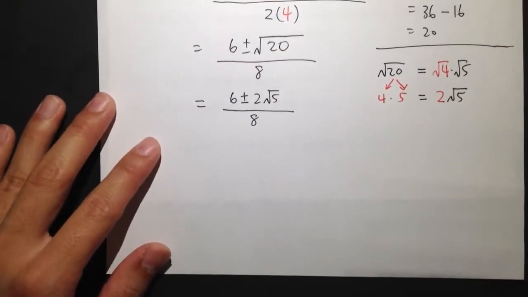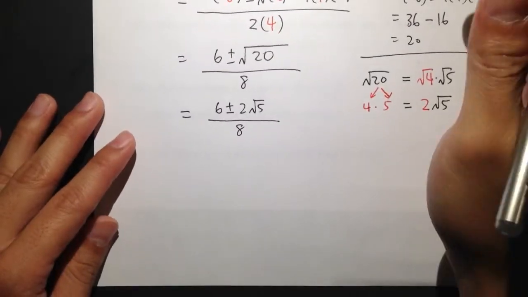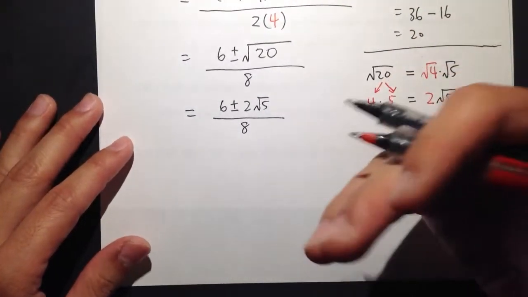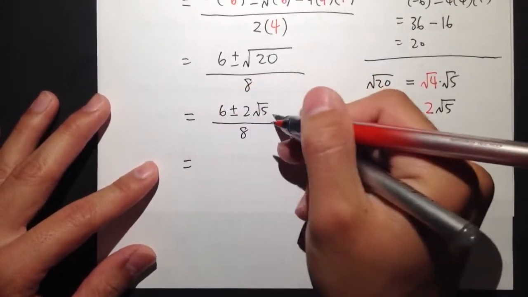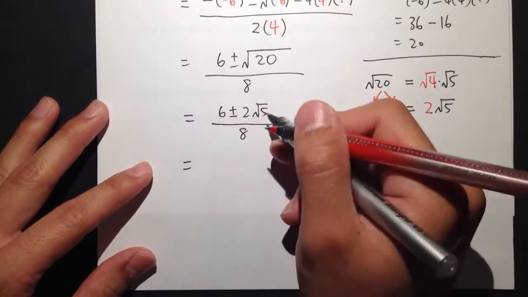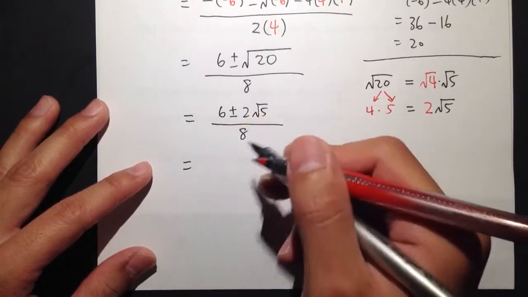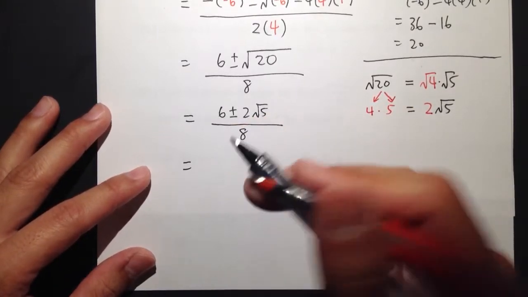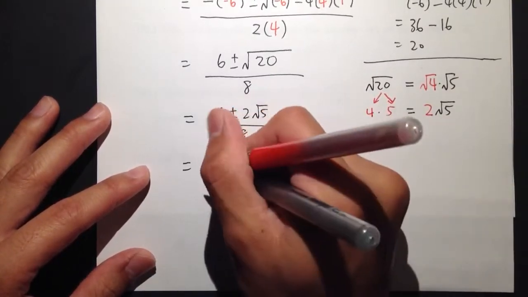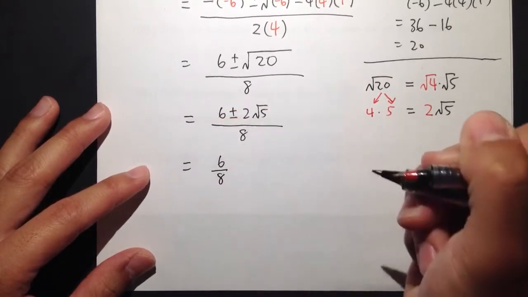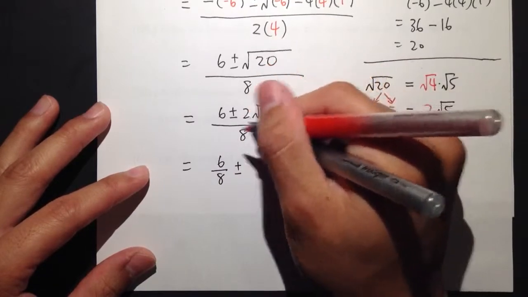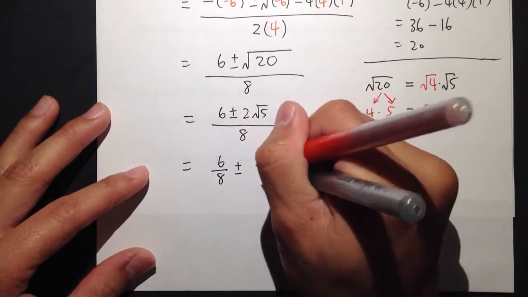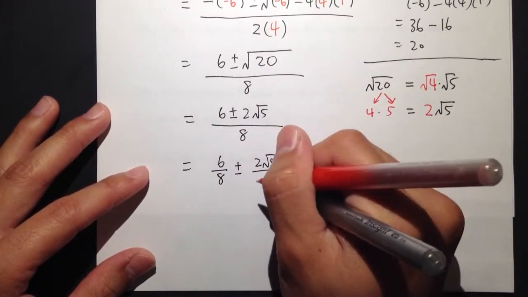Okay? So now, we can actually simplify this one more step. And this is how I prefer to simplify. I see I have 2 things on the top. And we have just one number in the denominator. Then I can do this. I can put this down as 6 over 8 plus minus 2 square root of 5 over 8.